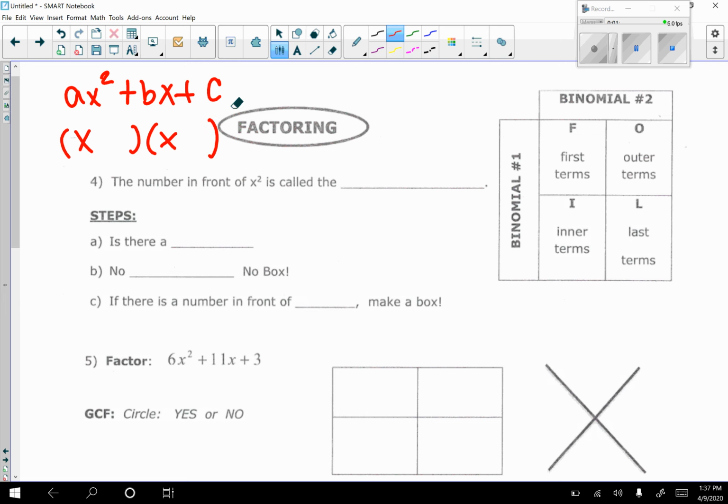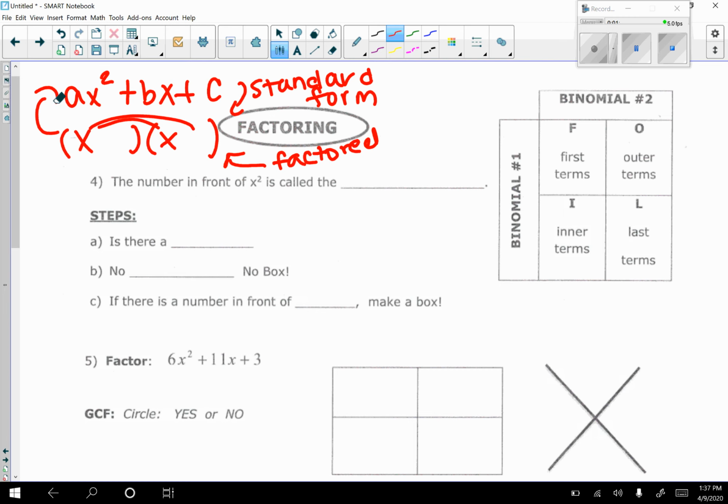How do we factor from standard form into factored form? Now originally in this unit, we started with factored form, if you remember, and we distributed into standard form. So we're kind of doing a full circle here, from the beginning all the way around.